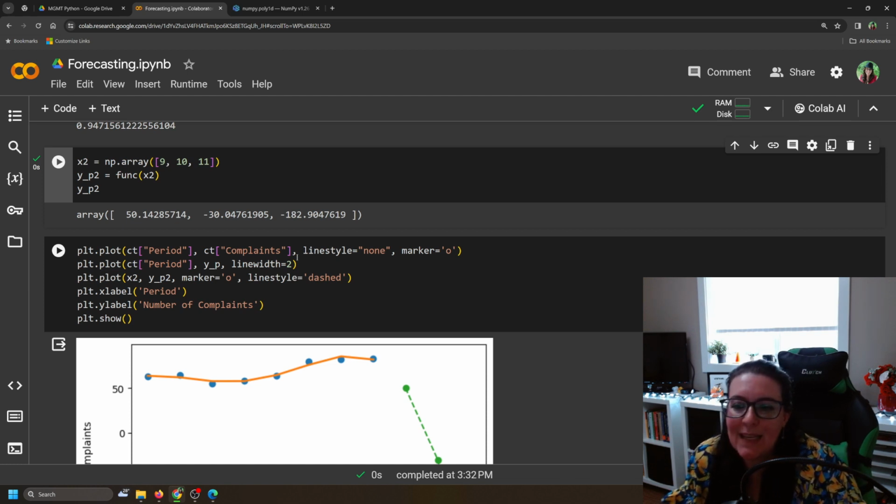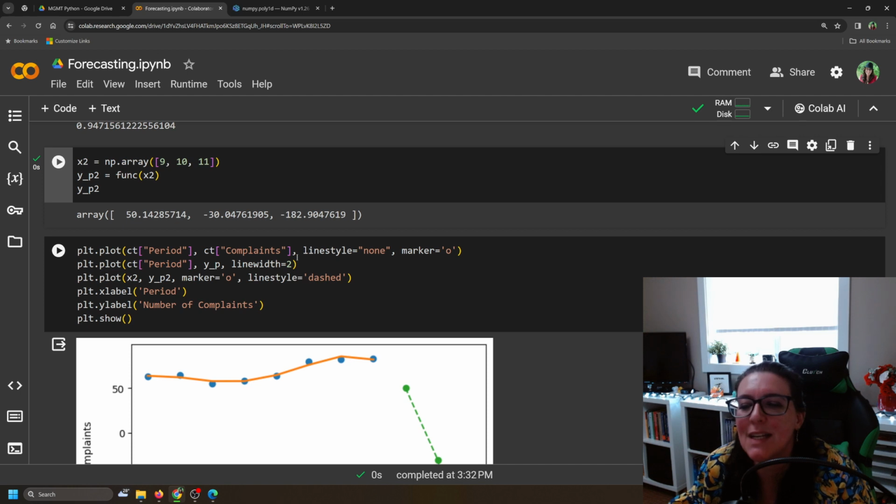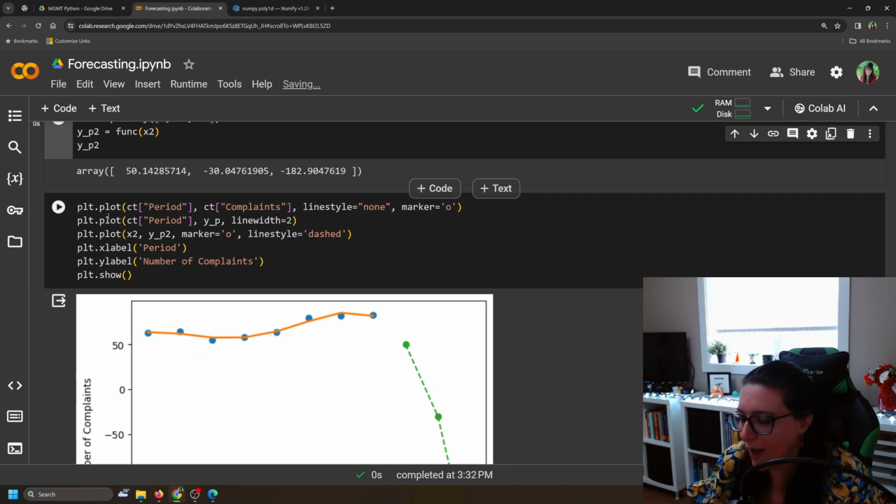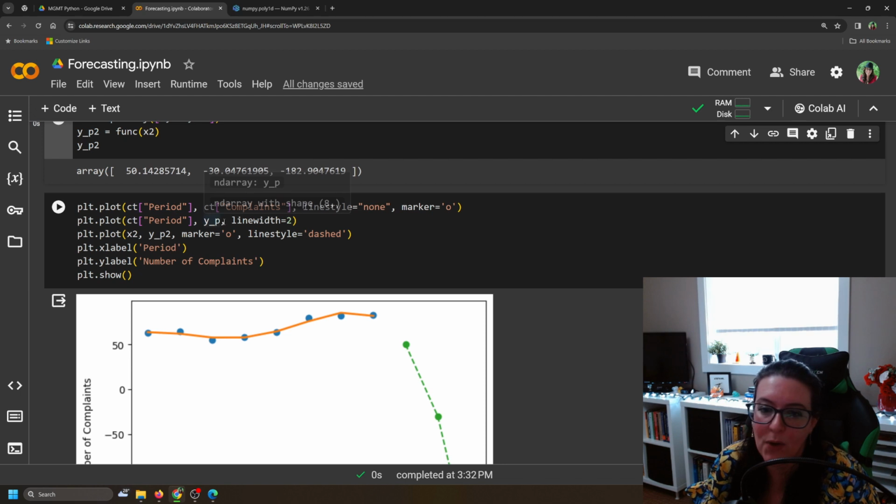So notice that the polynomial of degree 4 fit really, really well historically, but does the future forecasted values make any sense? We can plot it, so we can plot the actual periods and the actual complaints, make them dots, no lines. Plot the periods and the predicted values, that's our polynomial of degree 4, make it a nice thick line, line width 2.